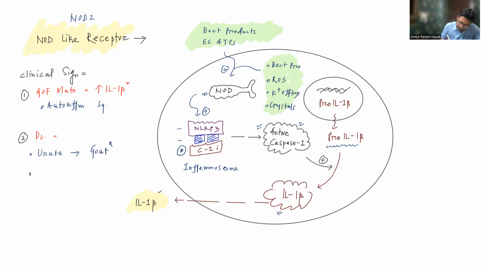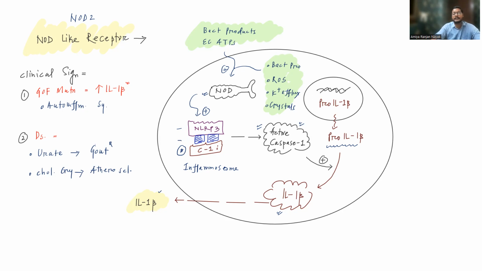Similarly, if they produce an inflammatory response against cholesterol crystals, this increases the risk of atherosclerosis. Similarly, against lipid, inflammation is associated with obesity-related type 2 diabetes mellitus. So various disease conditions are associated with activation of these NOD-like receptors. This is about the second type of receptor, the NOD-like receptor.